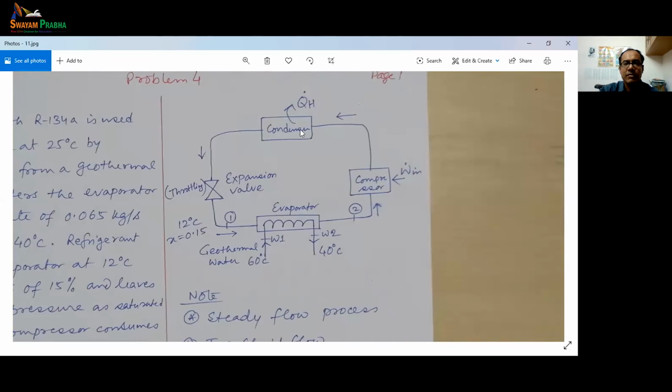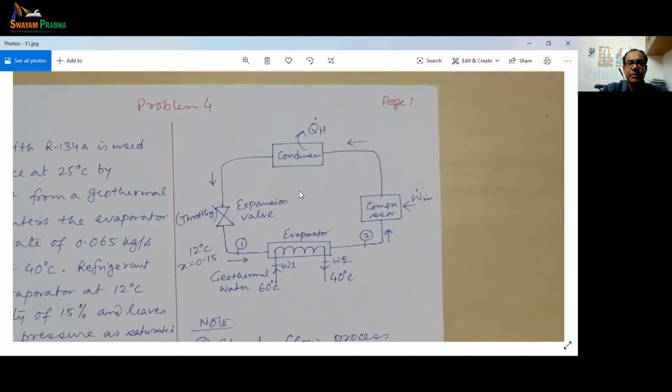So what we have is, the heart of the refrigeration cycle is the evaporator, right? Because that's the space we want to keep cooled. But this is a heat pump, so basically the heat that we reject through the condenser, that's the goal. Okay, we'll see what is the difference between heat pump and refrigerator later, but the principle of work is the same.